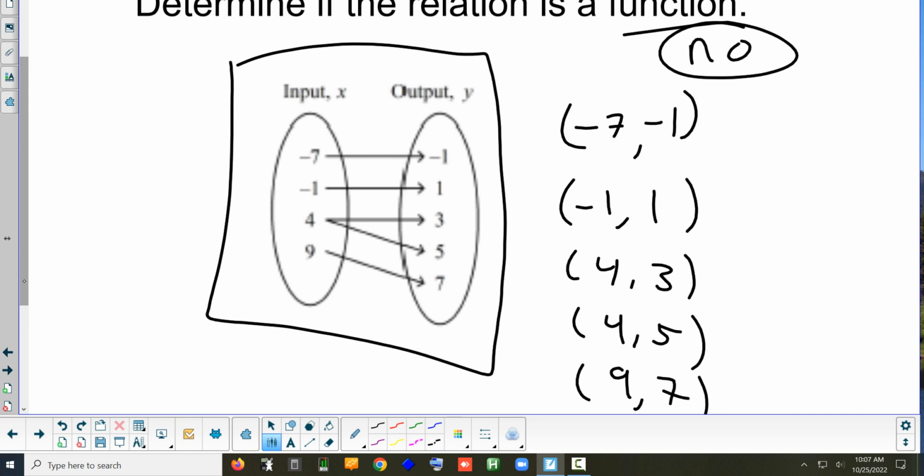Each one of them has to have a match. The problem is there's less numbers here than there are here to match up with. That means one of the numbers on the left is going to have to be used twice. So when you see an arrow coming out of the left side and going to two different numbers, then you know that is not a function.